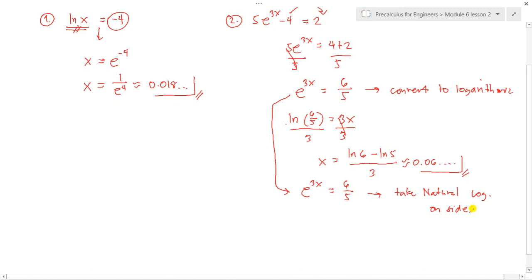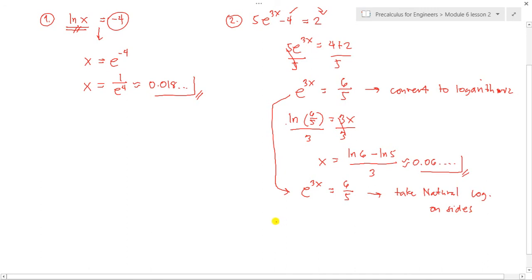This is similar to our previous discussions: if we take the square root on both sides, or square both sides, whatever we do on one side, we apply to the other side. The same thing here. If we apply ln on one side, we apply ln on the other side.